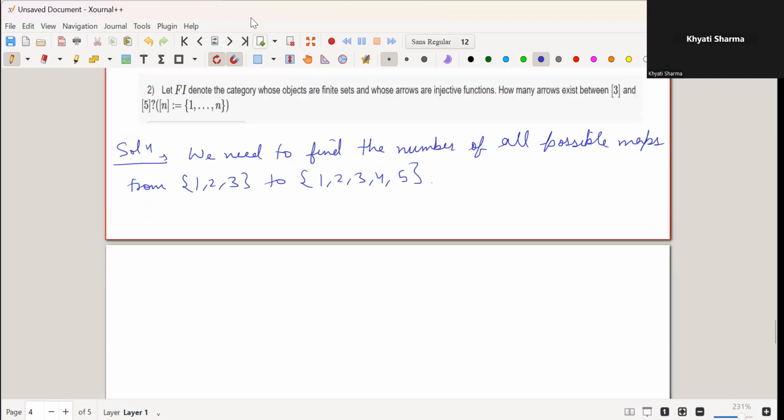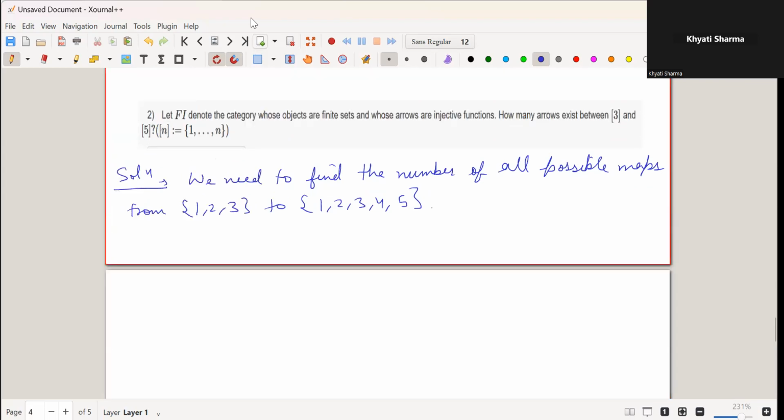It says you just need to find injective functions. That is the point. So the number of all possible injective maps, I must write. Injective means two elements of 1 to 3 cannot have the same image in 1 to 5.